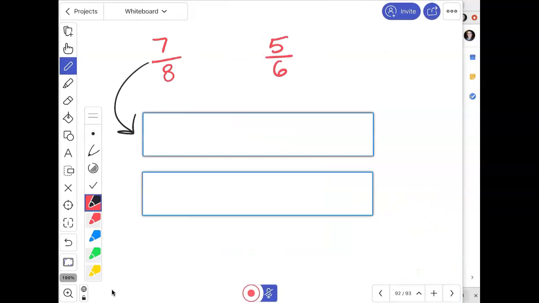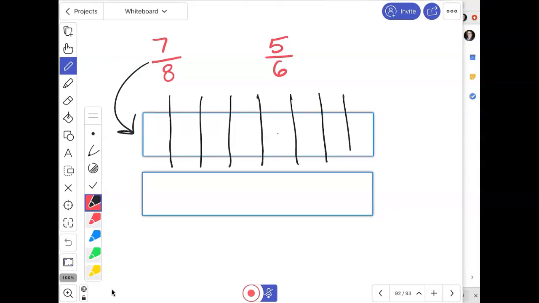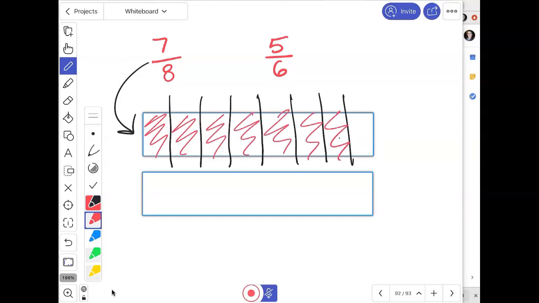7/8. I'm going to shade this one 7/8. So I have to break it into eighths because that's my denominator. Denominator tells me how to break that piece up. So 1, 2, 3, 4, 5, 6, 7, 8, I believe. Shade in 7, 1, 2, 3, 4, 5, 6, 7.